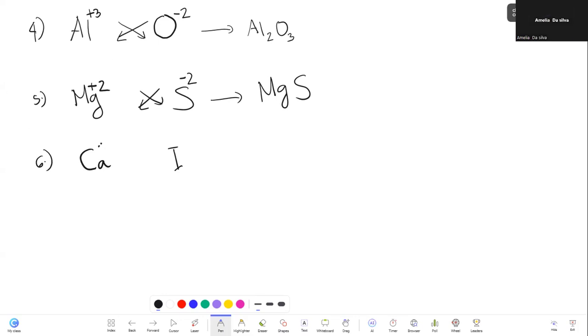What about iodine? 7A. So what is the charge? Negative 1, very good, because the valence electron is 7 and it needs 1 electron. So all you need to do is just cross it. You're forming calcium iodide, CaI2.